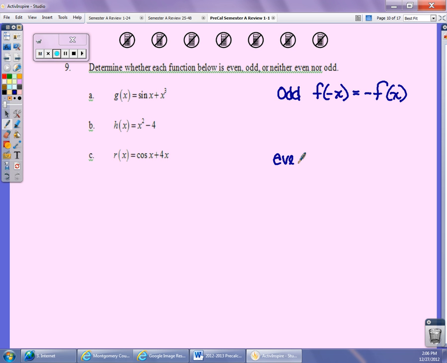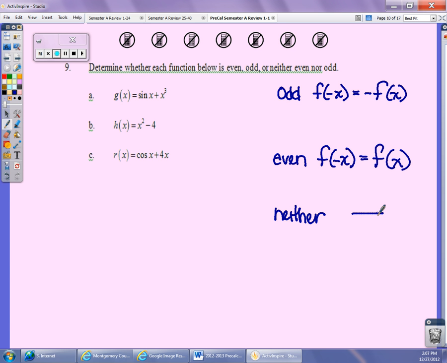For an even function, f of negative x is the same as f of x. And for neither, you can imagine that neither one of those holds true. Okay? Alright, so now let's take a look at the functions that we have here.